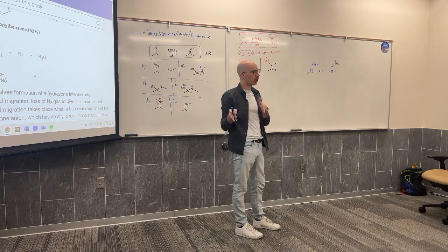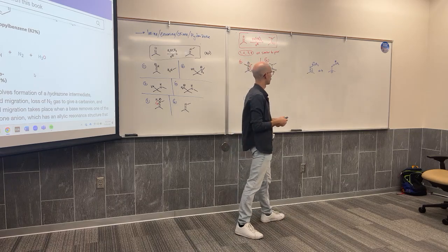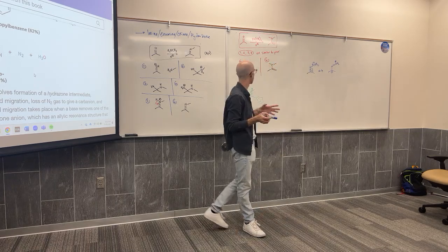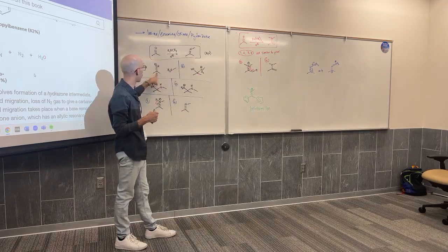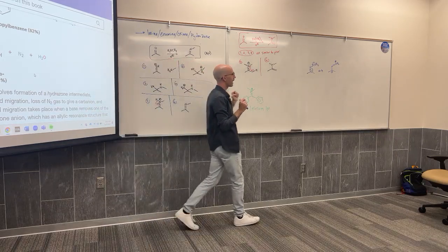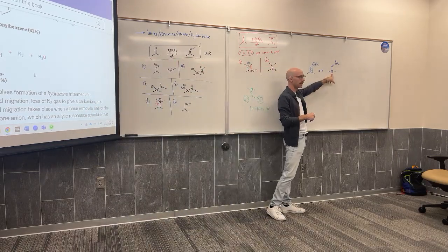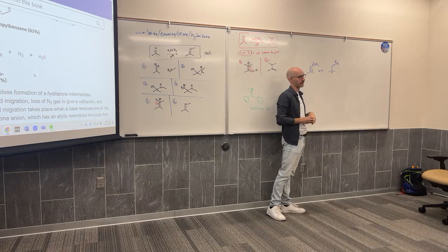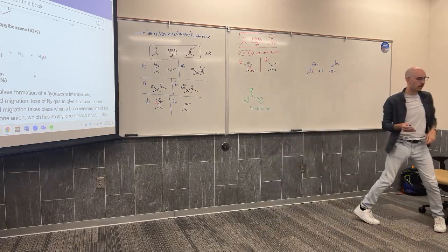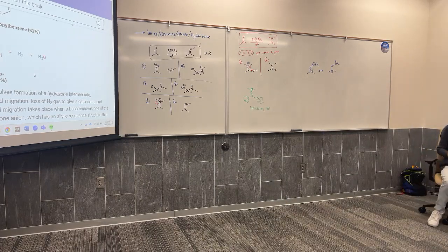How do you take a carbonyl carbon, where the carbon is always partial positive, and make that carbon partial negative to become an alkane? That's the beauty of the hydrazine reaction.